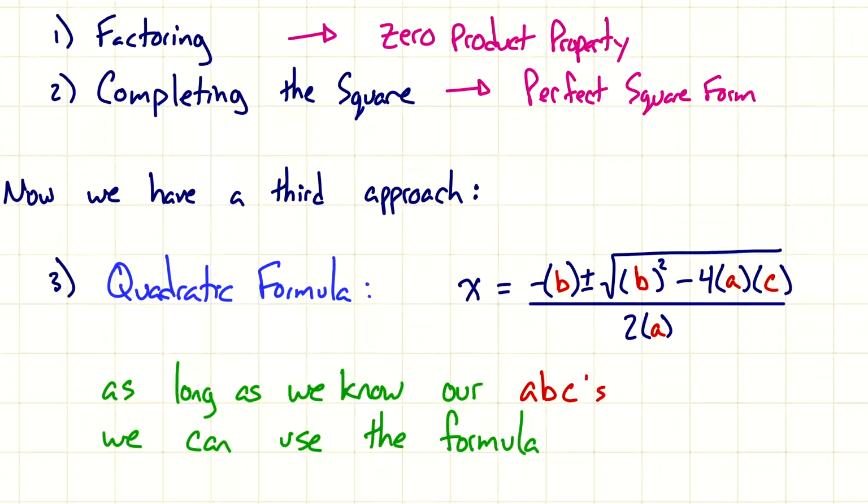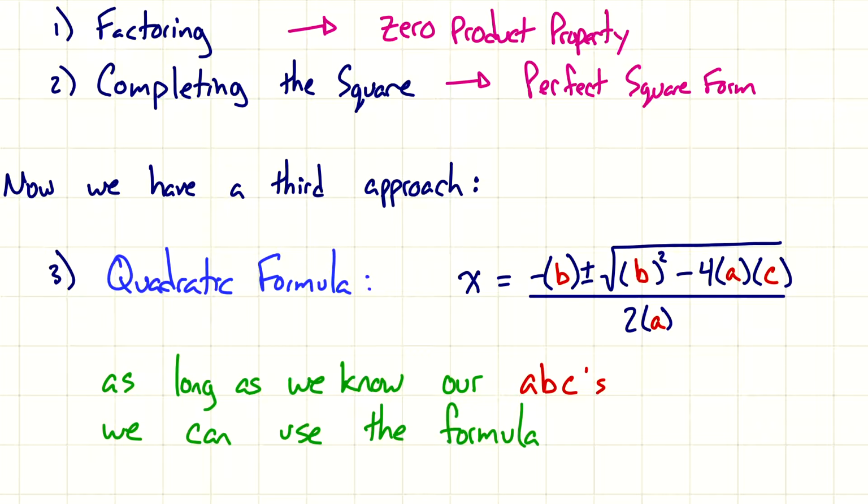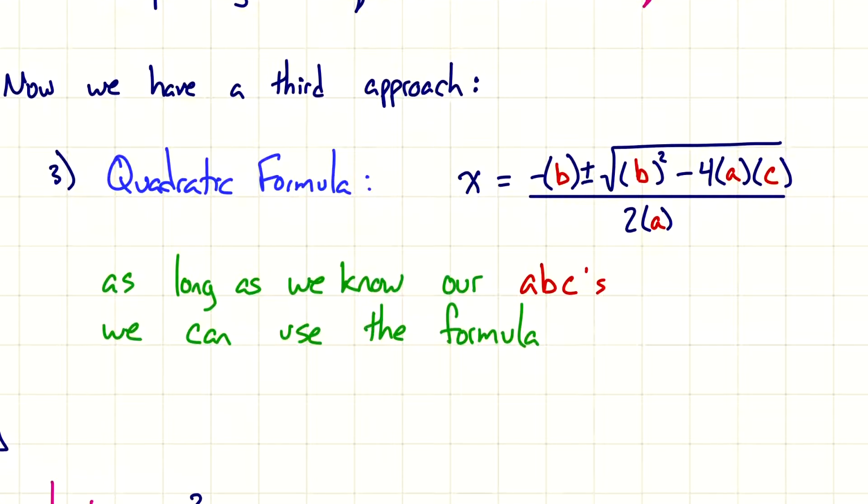So we have negative b plus or minus the square root of b squared minus 4 times a times c. This is our fraction bar, so that's all over 2 times a. This is the formula we're going to be using. As long as we know our ABCs, we can use this formula. All we need to know is what is A, what is B, what is C, and plug them in. It's pretty straightforward.